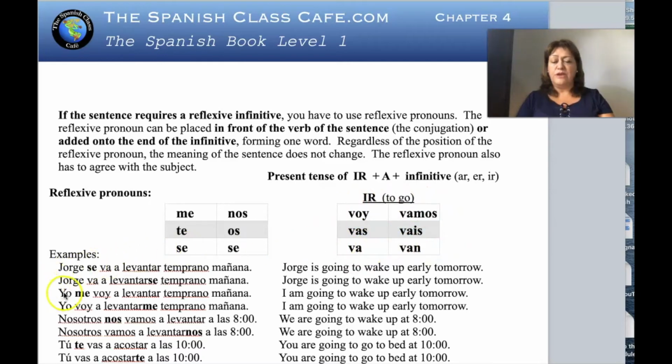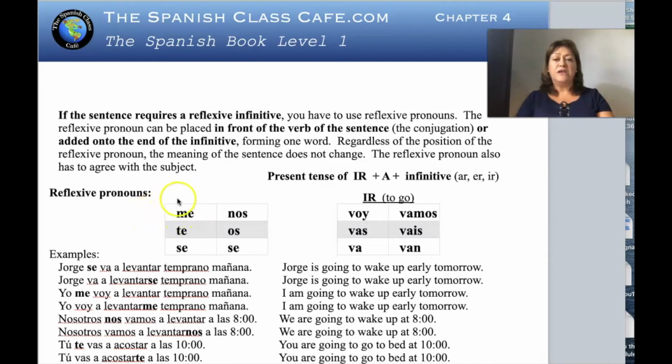Now another example here. Yo me voy a levantar temprano mañana. The yo goes with me and it goes with voy, because remember how my charts work, right? Position. And related always to the personal pronouns. That is my first class. One of my first classes, I talk about personal pronouns and the charts and the position in the charts of the personal pronouns.